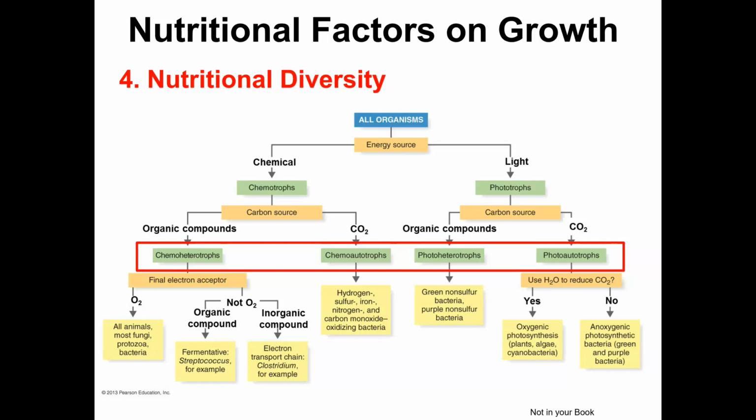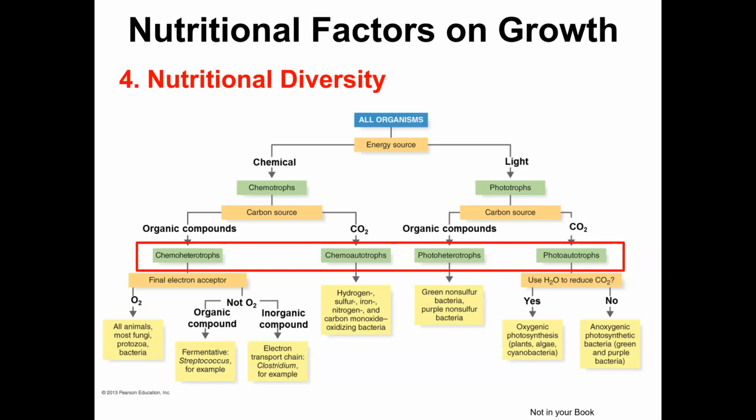Right? Because if you're alive, you get your energy from one of those two sources. Okay, go down to the next level in the dichotomous key. Once you know your energy source, what's your carbon source? Okay, is it from organic molecules like us? Are we chemoheterotrophs? Or is it from CO2? Are you a chemoautotroph? Okay, same thing with the phototrophs. There are photoheterotrophs, and then there's photoautotrophs.